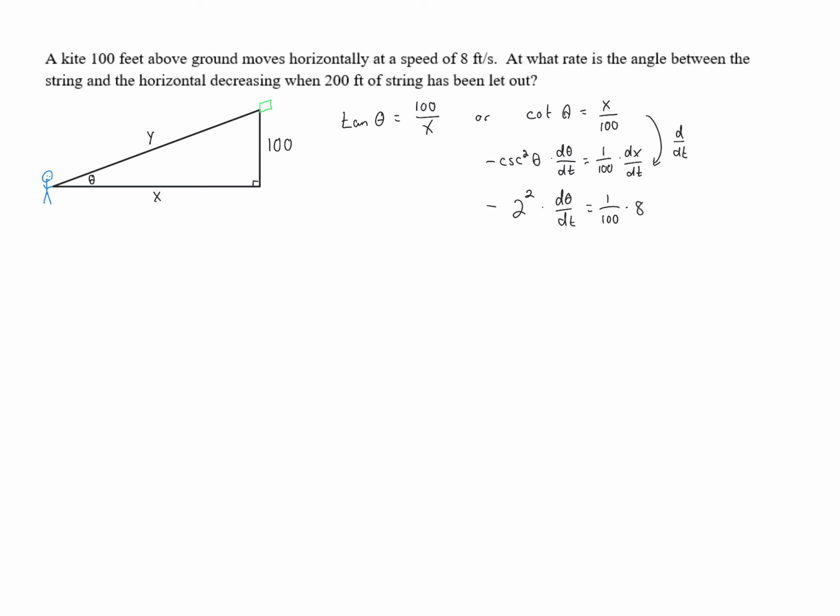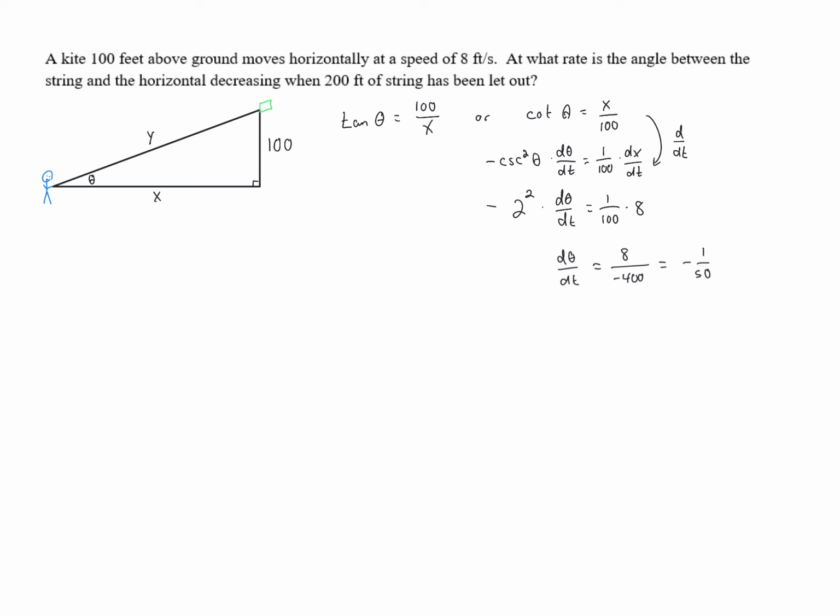So if we want to get d theta over dt alone, we're going to have to divide by negative 4, because that's what negative 2 squared is, or the opposite of 2 squared. And so that's going to give us d theta over dt equals 8 over 100 times -4, which is -400. And we can reduce the top and bottom by 8.